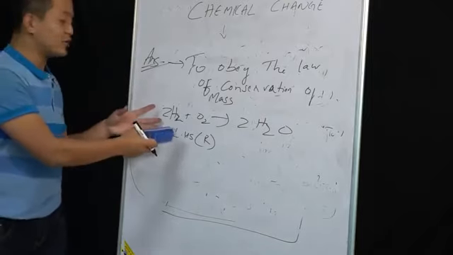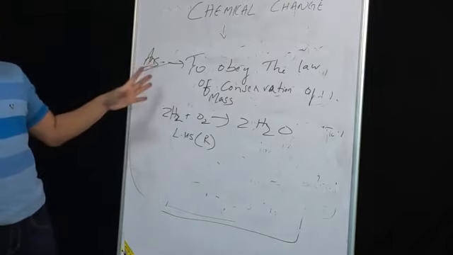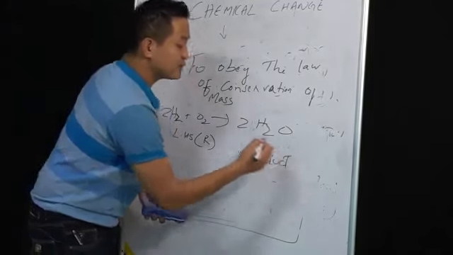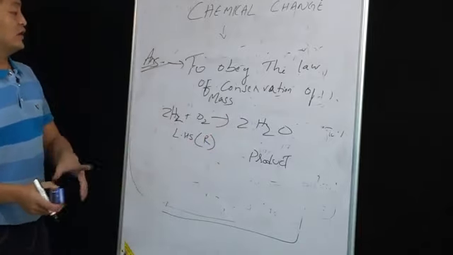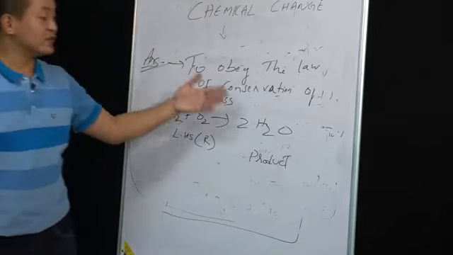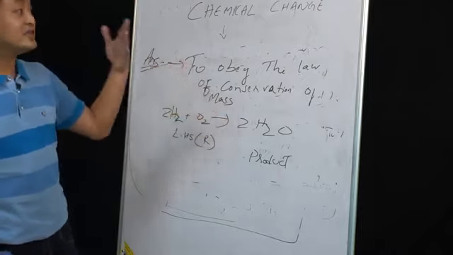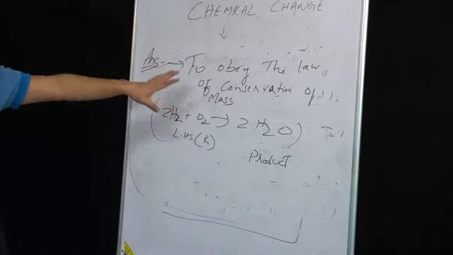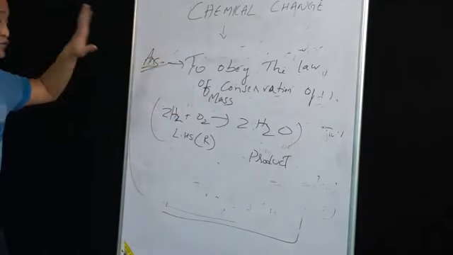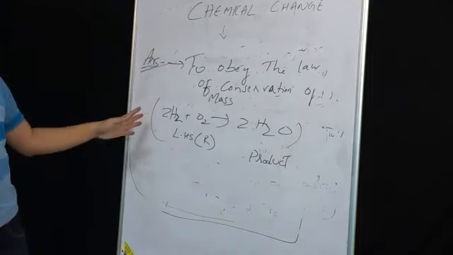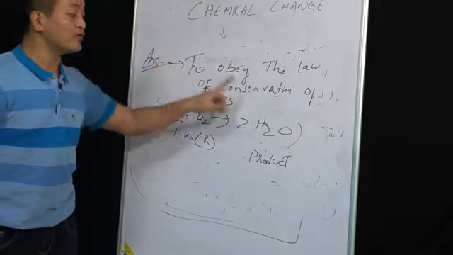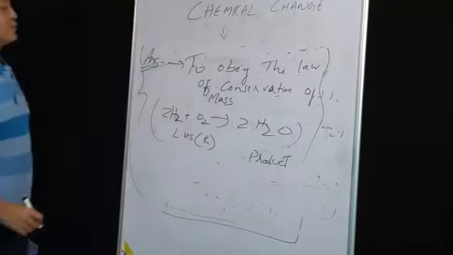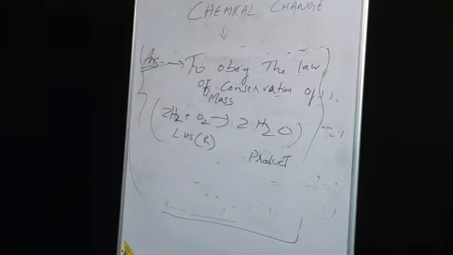We had this much hydrogen in the reactant, and even in the product we see 4 hydrogen. Here we have 2 oxygen, and even in the product we have 2 oxygen. So this equation obeys the law of conservation of mass, which says that nothing is destroyed. We did not create or destroy anything. It has just been converted from one form to another. Please keep this question in mind, because it is very important: to obey the law of conservation of mass.